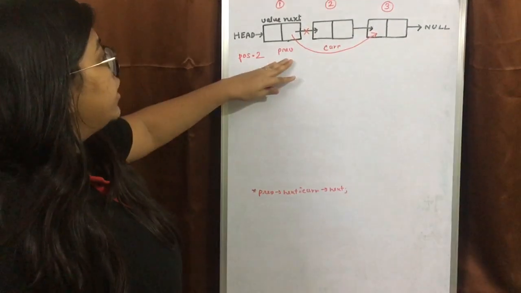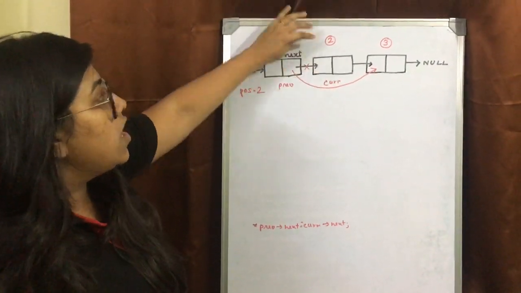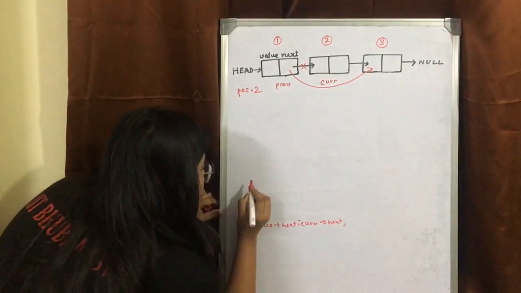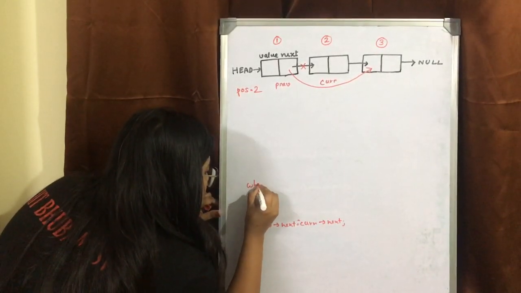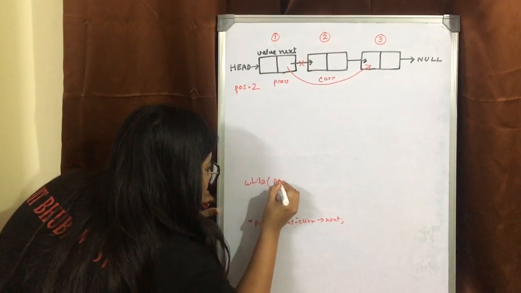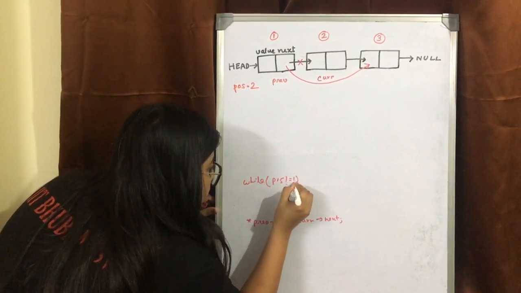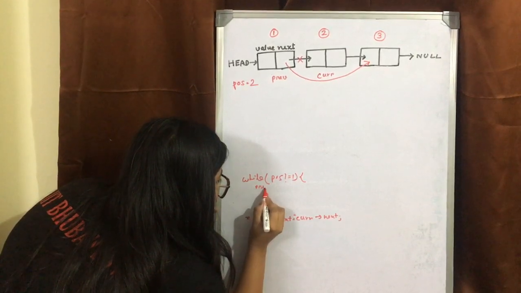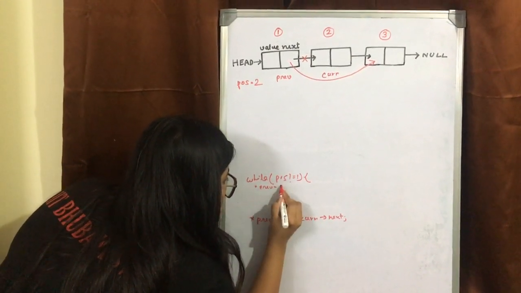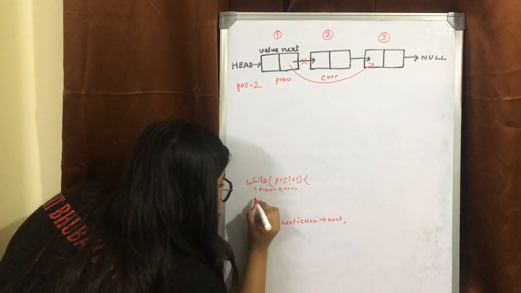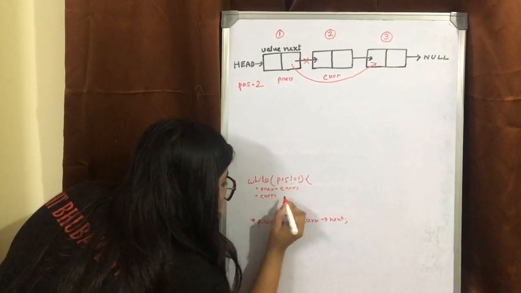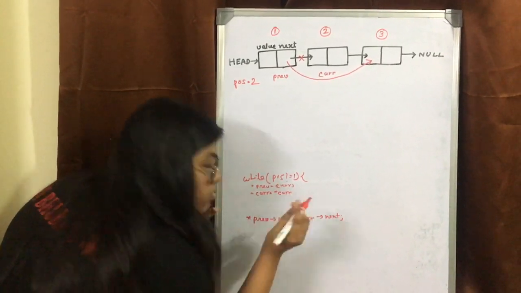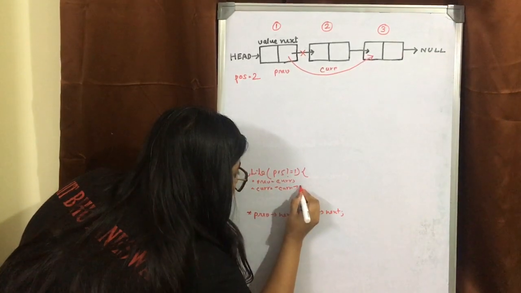So how can we reach this previous and current position? Our position is given, so we will iterate through a loop: while our position is not equal to 1, previous is equal to current and current will be the next node, because we are iterating through the linked list.